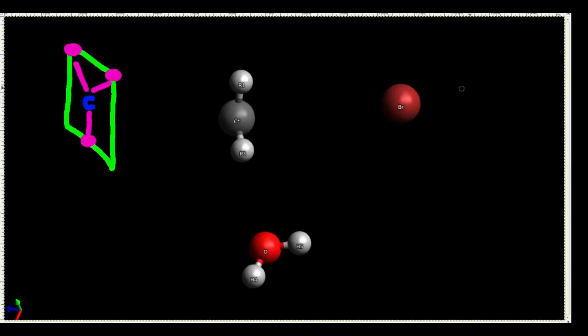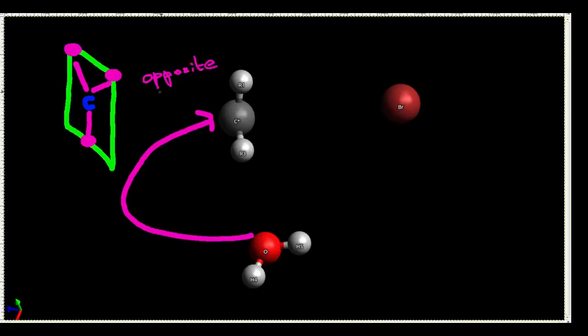What I mean by that is that this nucleophile can either attack this carbocation from the side which is opposite to the departing bromine, or this nucleophile can also attack from the same side from where the bromine is departing.